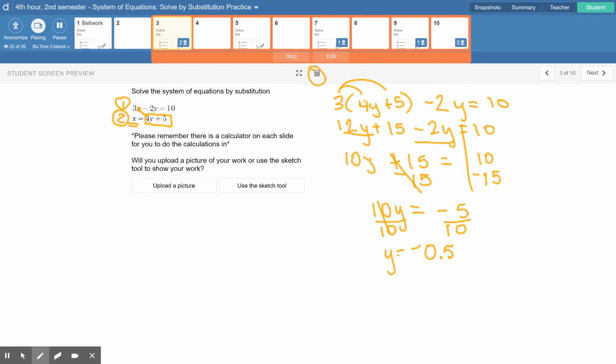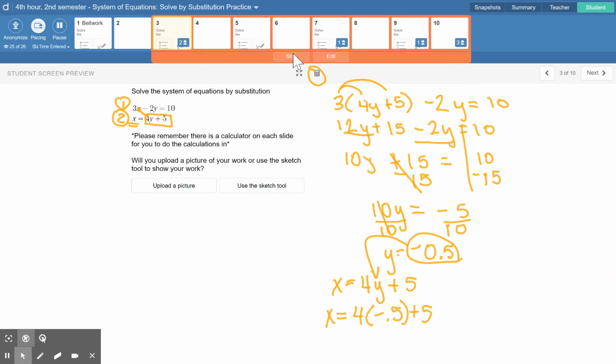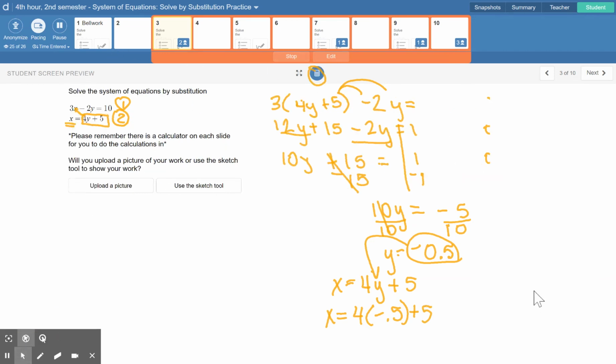And then once we have that, you pick the easier equation, which is equation number 2 in this case. We're going to plug in the number that we just found for y, and substitute it in. I definitely recommend using the calculator for the evaluation because it's the easiest thing to do. All you have to do is click on the calculator button.